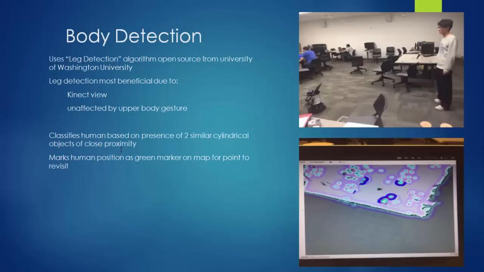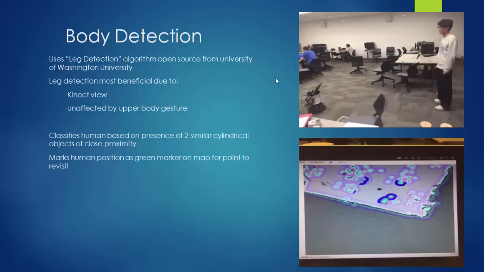Next we have body detection. This was actually interesting because instead of a conventional detection of the body itself, this was actually really helpful because of the view of the Kinect. We've implemented a sort of leg detection algorithm, and this was actually done by Washington University. It's all open source code, so it should be easy to implement yourselves.